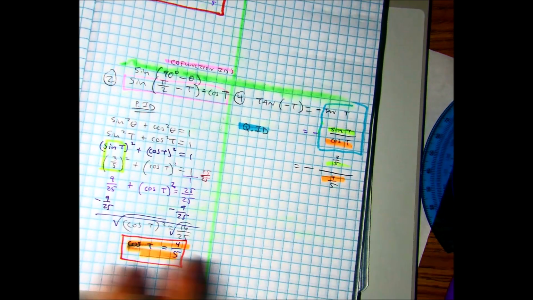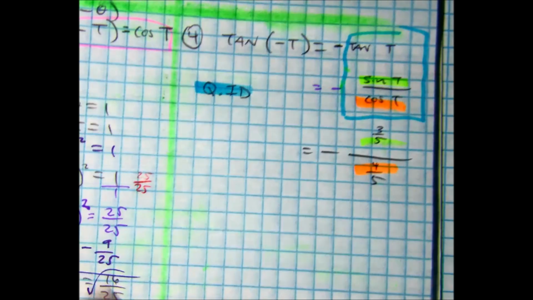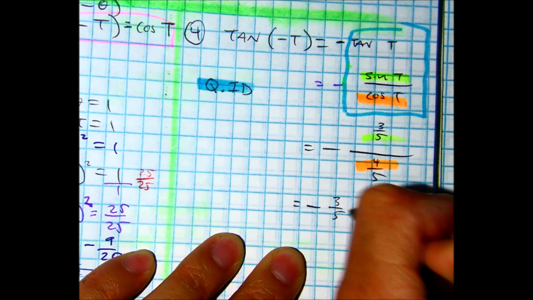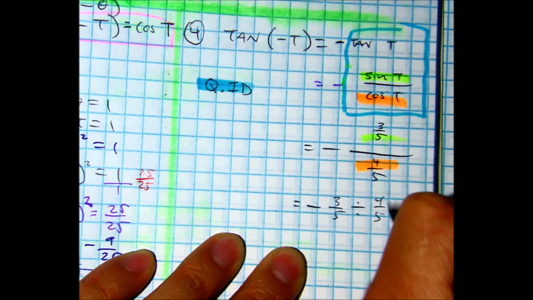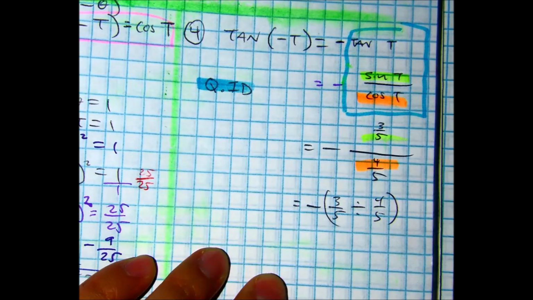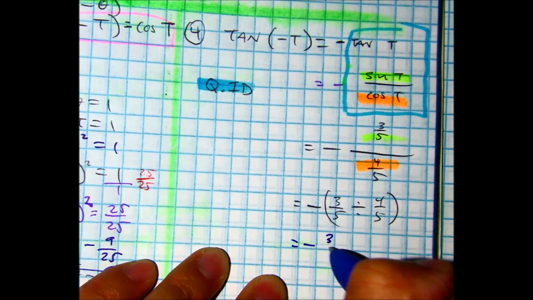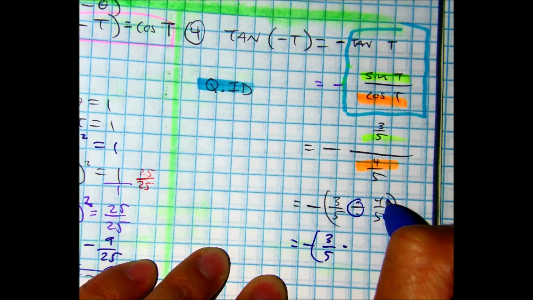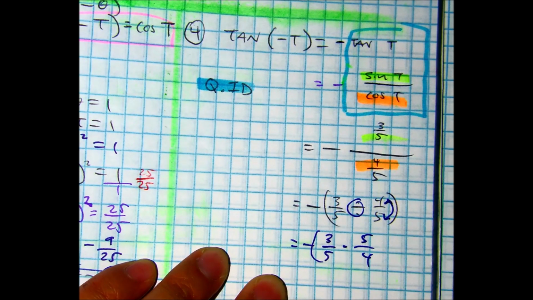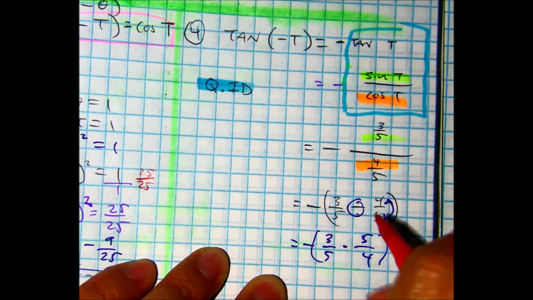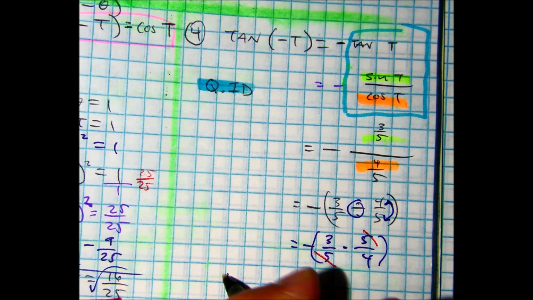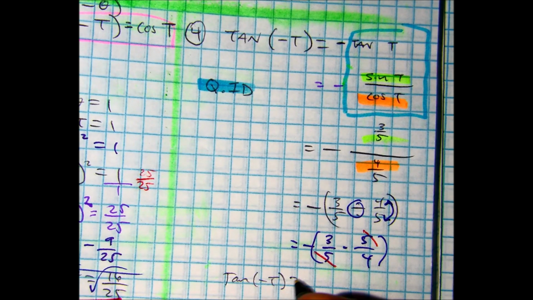And then I can just change my fraction sideways and simplify. 3/5 divided by 4/5. This turns into multiplication. Take the reciprocal of the second one. Cross cancel. You have tangent of negative t equals negative 3/4.